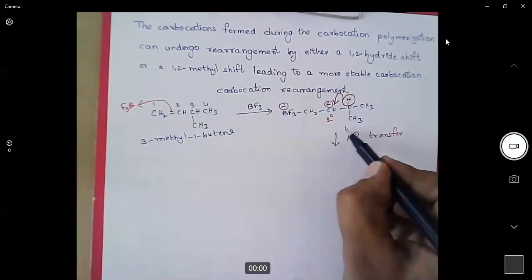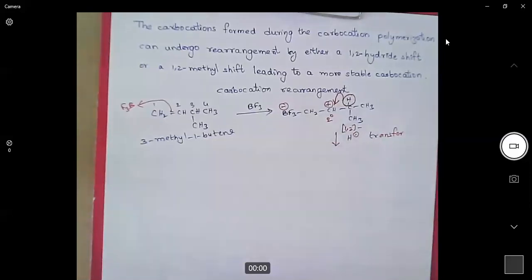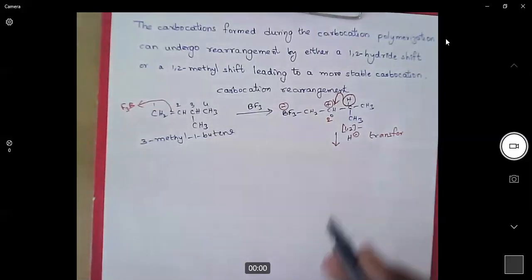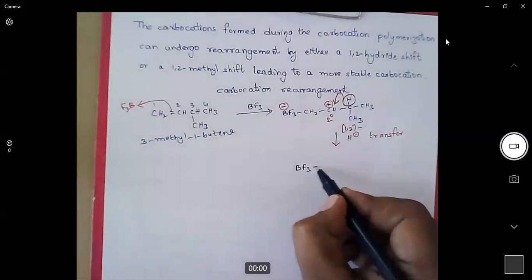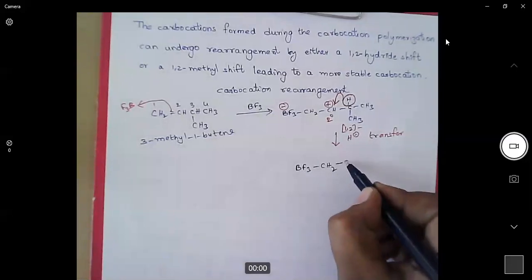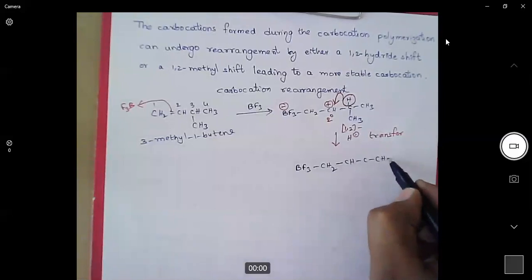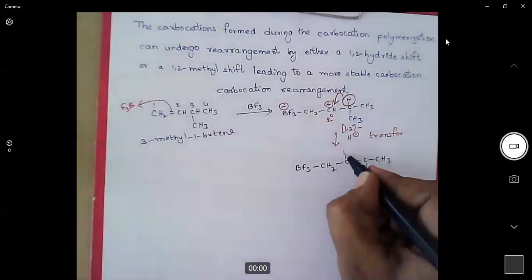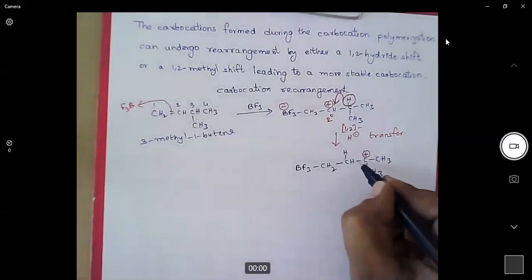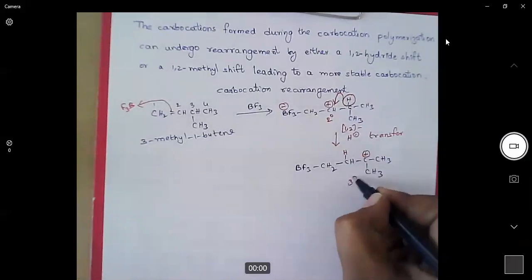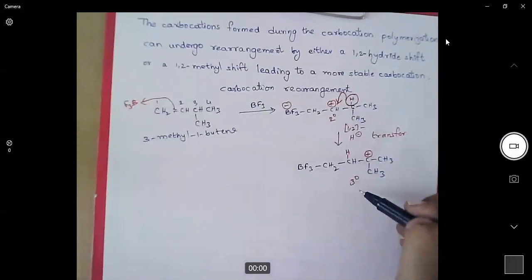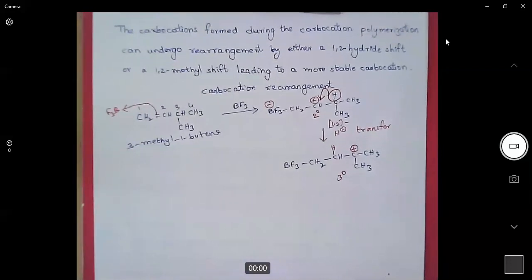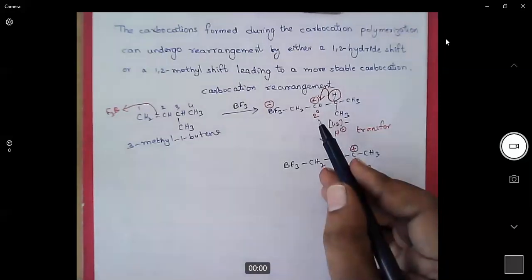This is called 1,2 hydride transfer, because it goes from the first position to the second position. Then this carbon becomes neutral and we are getting a carbocation here. This is a tertiary carbocation, and this was a secondary carbocation. Of course, we know the stability of carbocations: tertiary carbocations are more stable than secondary carbocations.